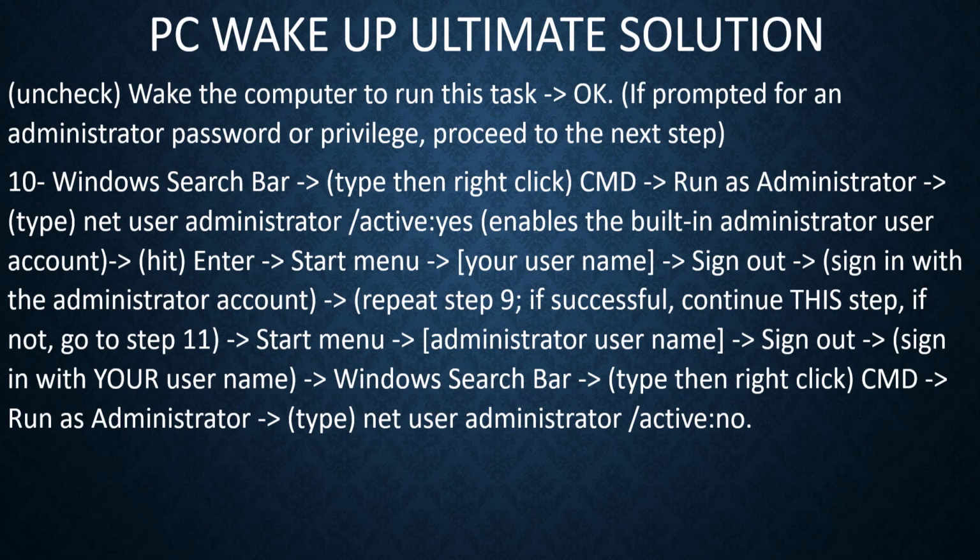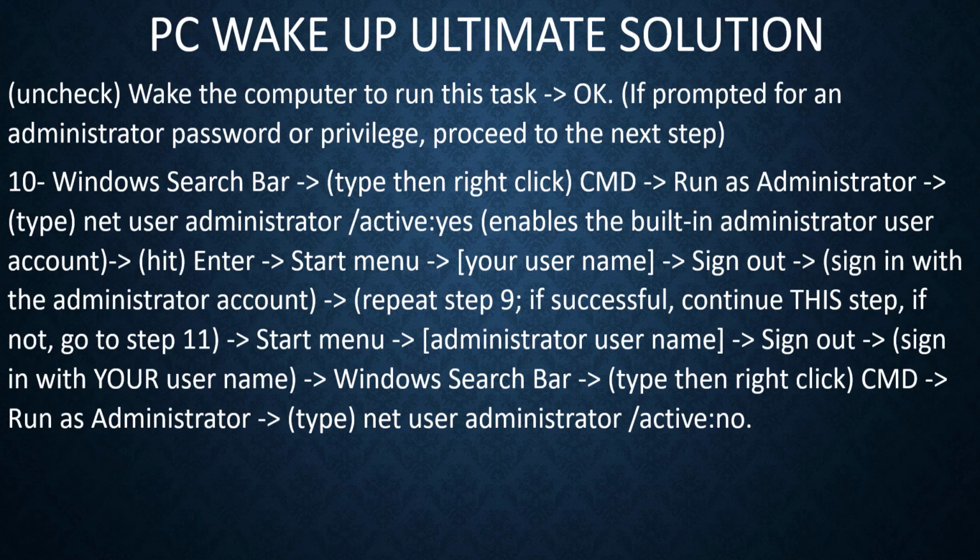In step number 10, as I said, what we have to do is enable the Windows built-in administrative account and repeat step 9. So let's just do that. We're gonna use CMD to do so, and as you can see, I already have the commands.